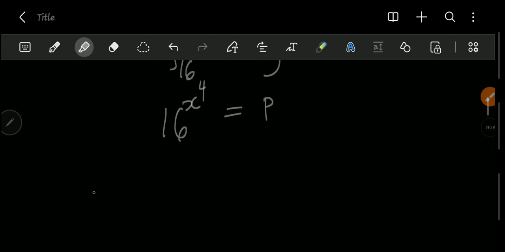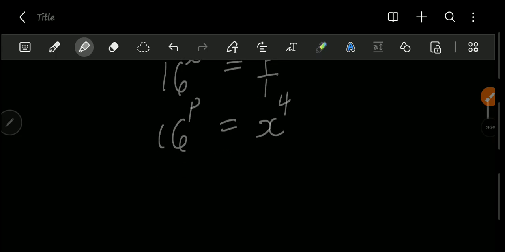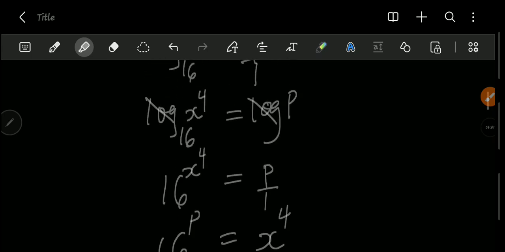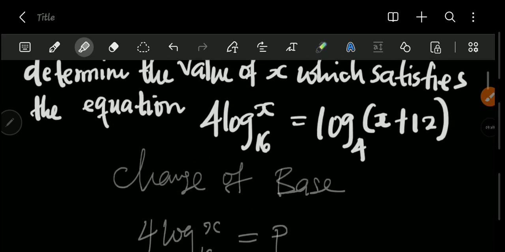So when I cross multiply, I'm having 16 raised to p, and that's equal to x raised to 4. I just did a cross multiplication here, so 16 taking p and this one taking 1 there, this over 1 here. So from here I can now introduce the log I want to work with. I'm trying to change the base, and the log I want to introduce is base 4 from the question.